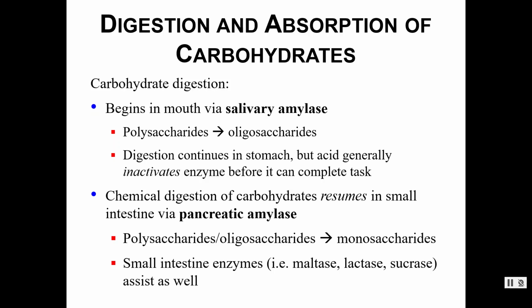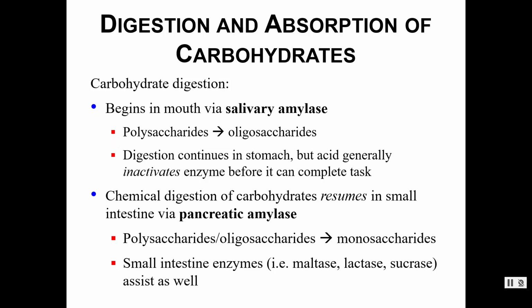You are basically turning large polysaccharides and you're kind of chopping them up a little bit and turning them into oligosaccharides, and oligo means few. Okay, so you take one giant molecule and you break it up into 5 or 10 smaller molecules, but they're still decent size, so we're not done with just that.